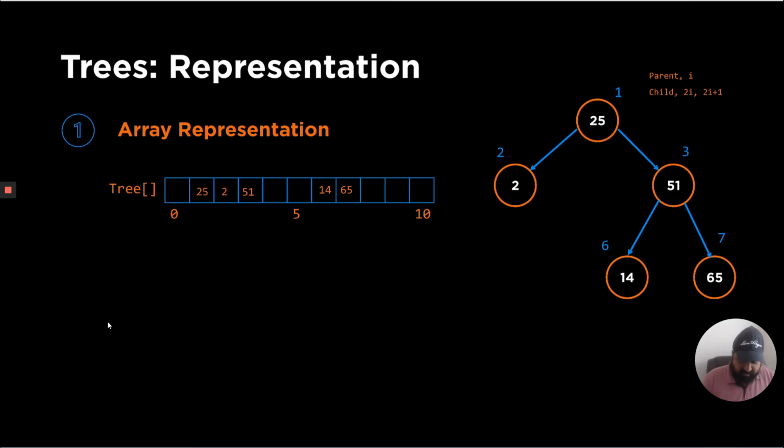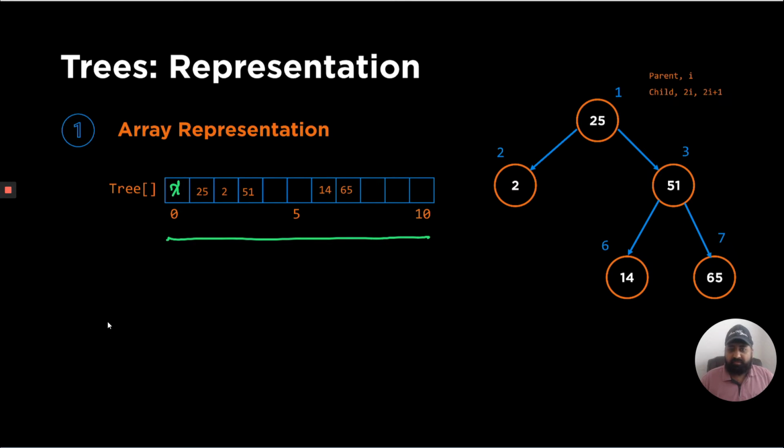As you can see, we have an array that stores the entire tree. How it works is the zeroth index of the array is always empty, and the first index always stores the root. The next two indexes store the left and right children of the root.